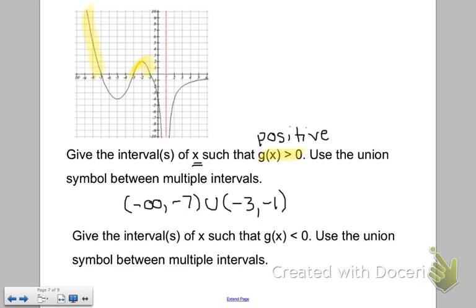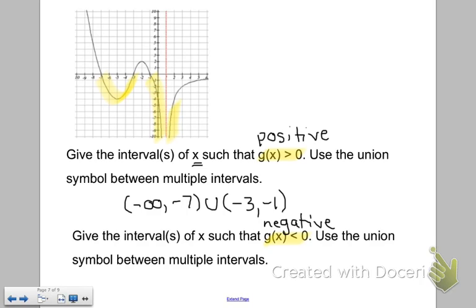Now, the next question asks me to give the intervals of x such that g of x is less than 0. So when we say that it's less than 0, we're really saying that it's negative. Okay. So now, rather than looking above the x-axis, we're looking below the x-axis. So we're looking at this dip in the graph here. We're looking here.